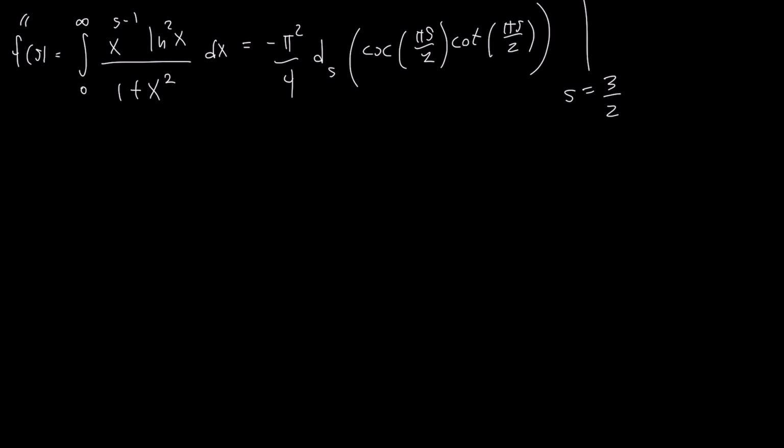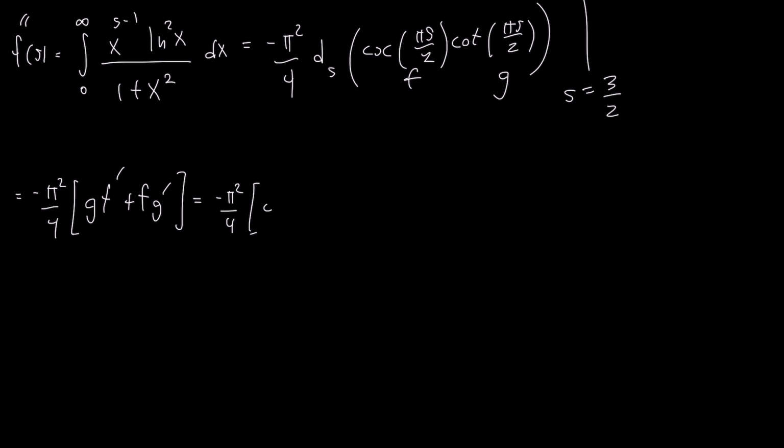And now we have to differentiate this, and I'll label this f and this g. So this is equal to negative pi squared over 4, and using the product rule we have g f prime plus f g prime. So we have a minus pi squared over 4. G will be cotangent of pi s over 2.